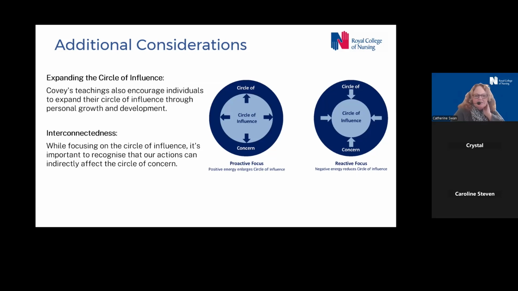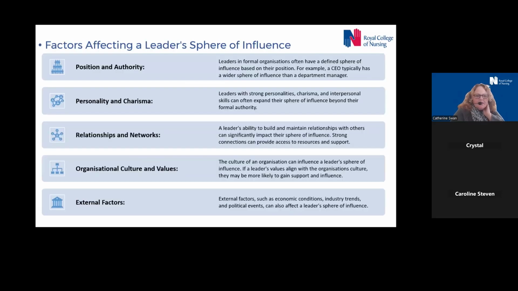Next slide, please, Caroline. So we have many factors that actually affect the sphere of influence, and often position and authority, as you know. Leaders in organizations, sometimes you get good leaders, sometimes you get bad leaders. And I think that's very important.